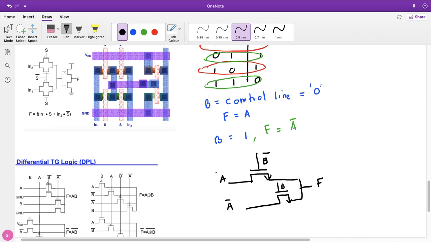We give it with 2 transistors, is designed with 2 transistors. Actually, it's not 2 transistors. You must take note about this A bar and B bar.